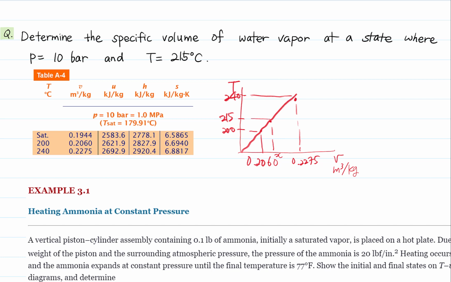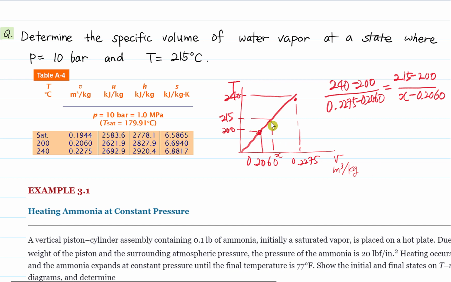So we can write the slope: 240 minus 200 over 0.2275 minus 0.2060, the slope between these two points, equals the slope 215 minus 200 over x minus 0.2060, the slope between this point and this point.